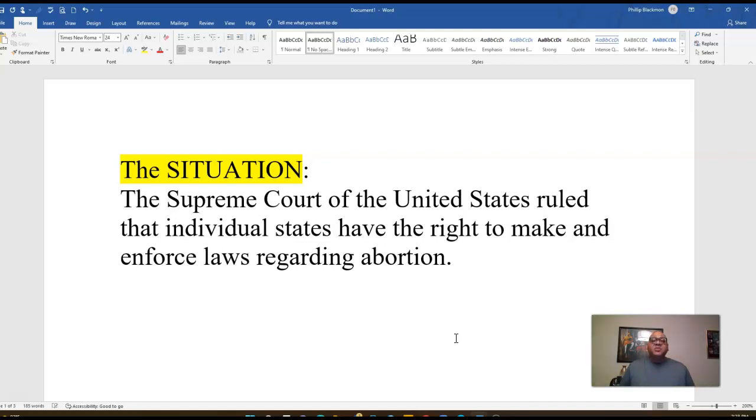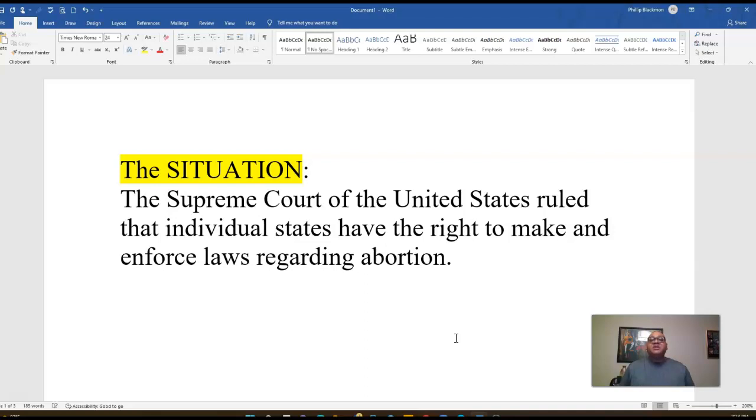In this section, you're going to talk about those things that happened and those things responsible for the Supreme Court overturning Roe versus Wade in order to return to the states the power to make laws regarding abortion. So that's going to be the situation.